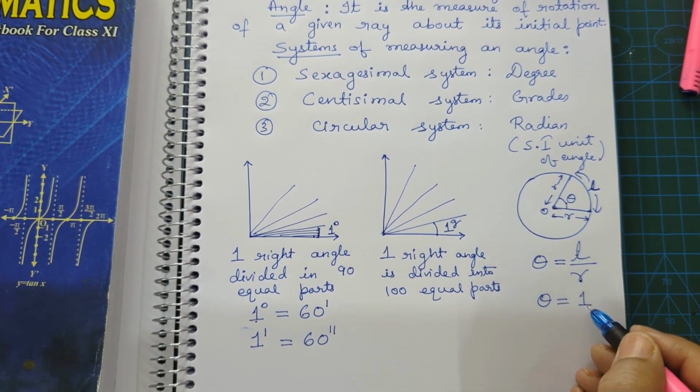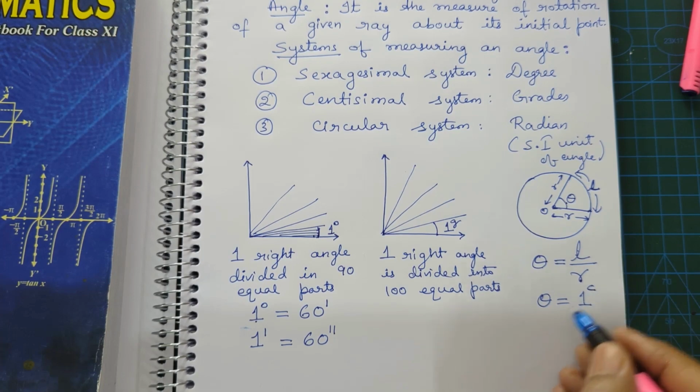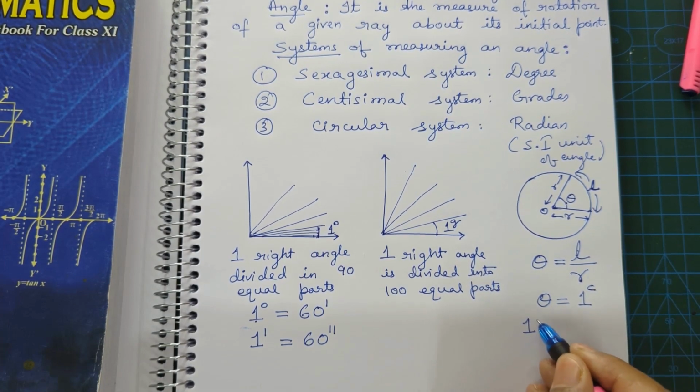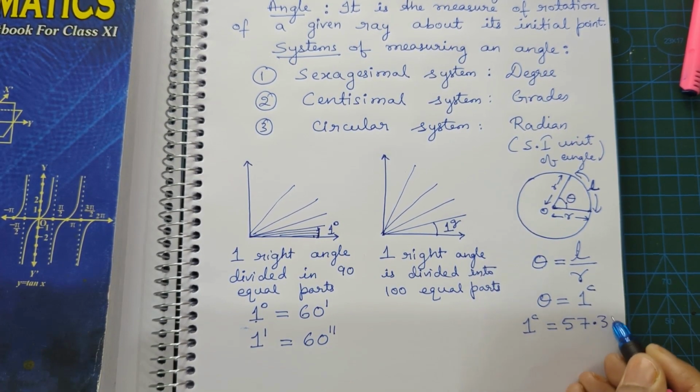This is 1 radian, which we can write as 1 with superscript c to show that this is a circular unit. Also, 1 radian is approximately equal to 57.3 degrees.